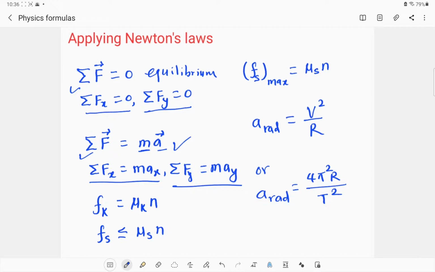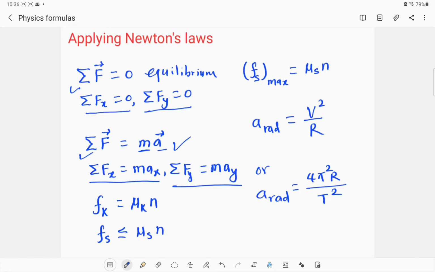Okay, so once you are able to split these forces into x and y components, then you can sum all the forces along the x-axis and along the y-axis and set them equal to max or may, based on which axis you are choosing at the particular time.